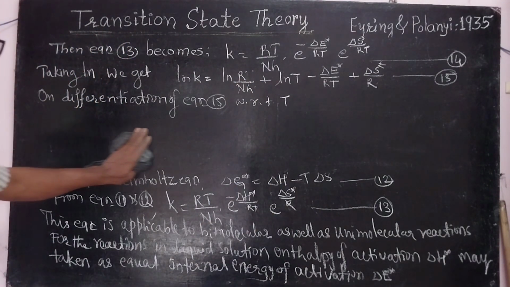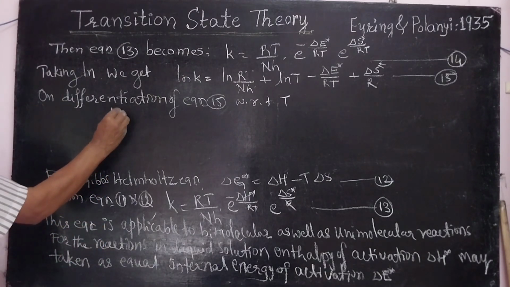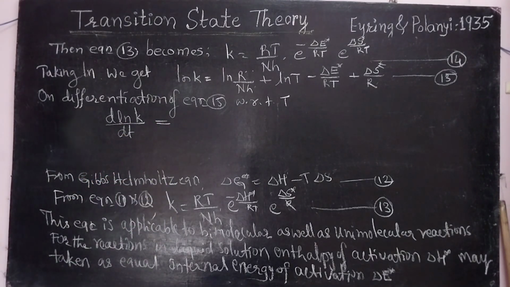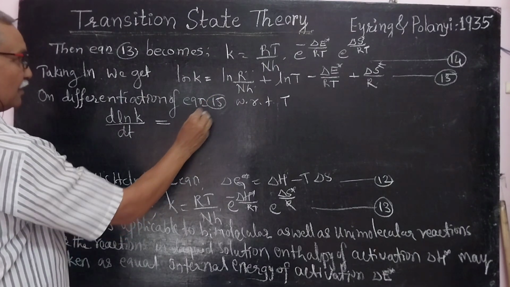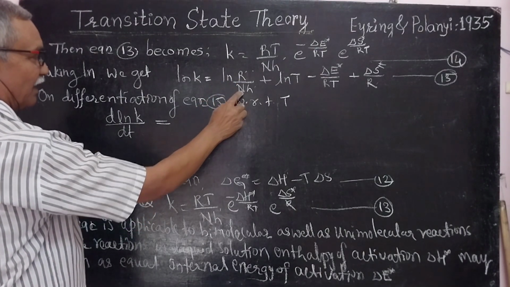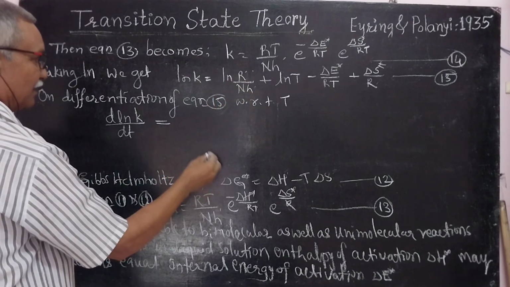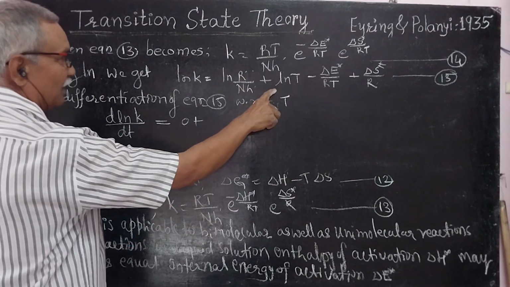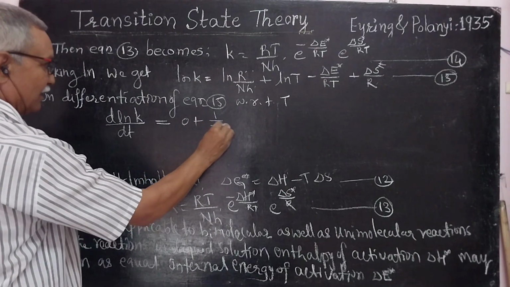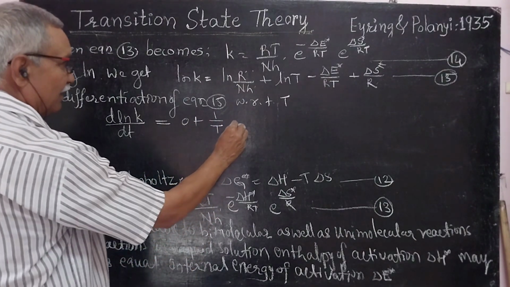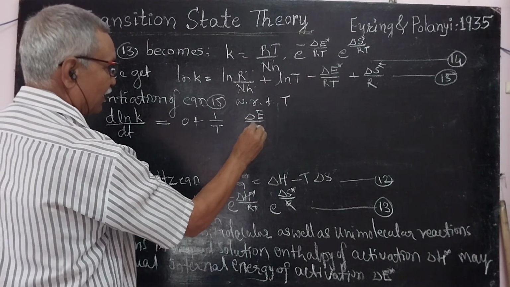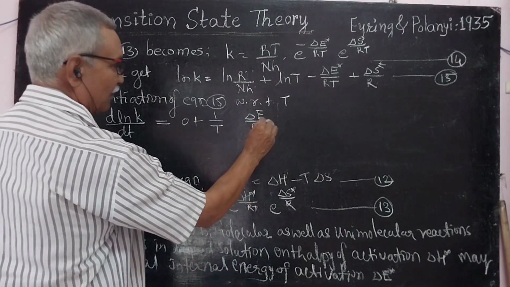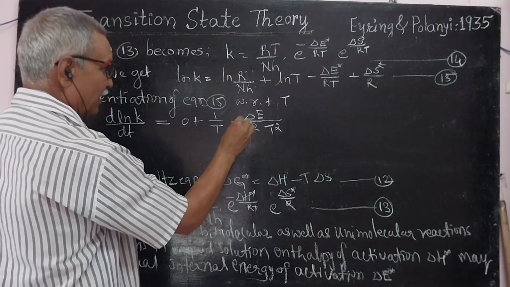we get d ln k divided by dT is equal to, differentiation of ln R divided by Nh, where R, N and h are constants, becomes 0, plus differentiation of ln T equal to 1 divided by T, and differentiation of delta E star divided by RT, which is differentiation of 1 divided by T, becomes 1 by T square, and that minus becomes plus.